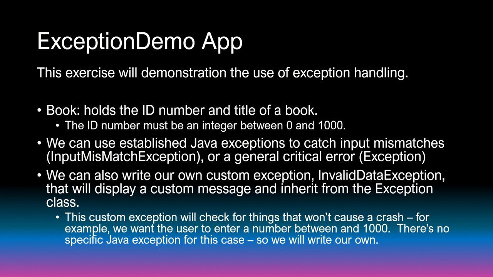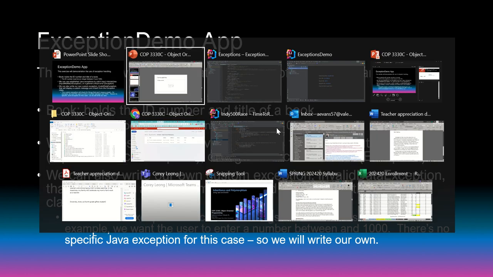That's not going to throw an inherent exception within Java. So we have to write a custom exception in order to catch that error and then handle that error. So I'm going to show you how to write a custom exception to handle a specific case for the specific application of this program. So I'm going to go over to IntelliJ and we'll get started.